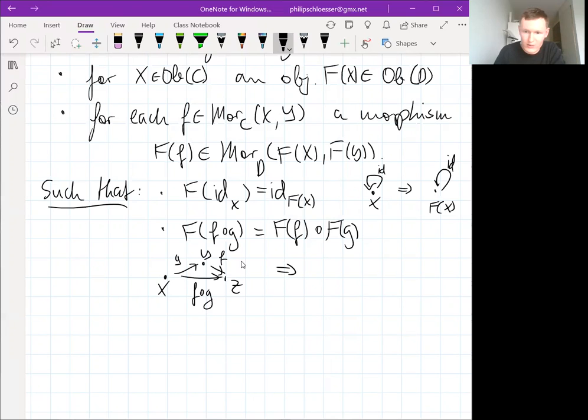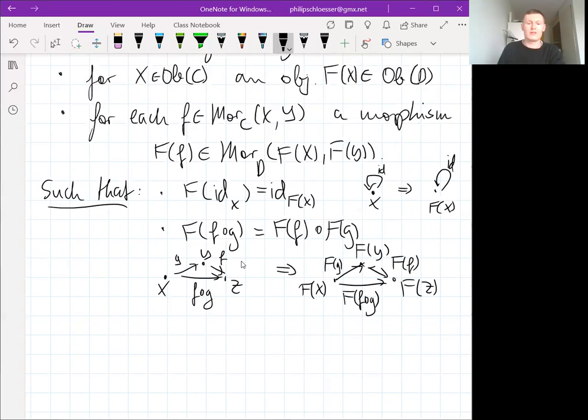Then this diagram gets mapped to F(x), F(y), F(z), with F(g), F(f), and F(f after g), and this diagram still commutes, so that F(f after g) is the same as the composition of these two arrows here.